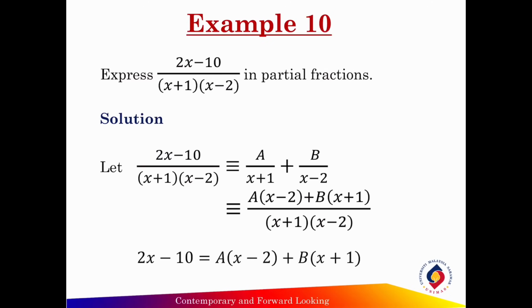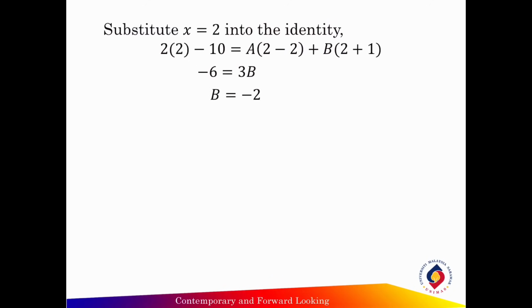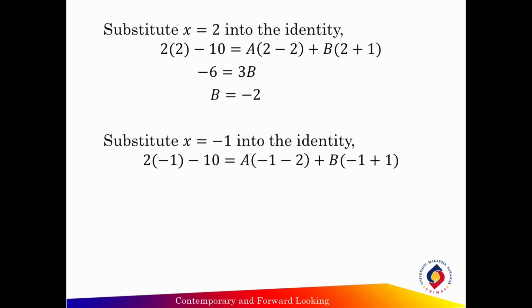So first we substitute x equals 2 into our identity, and when we substitute this x equals 2, we get the value of B equals negative 2. Okay, and then we substitute another value of x, which is negative 1, into our identity, and when we substitute this value, we get A equals 4.